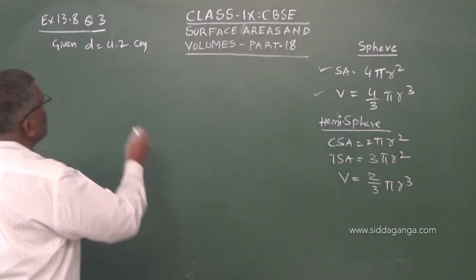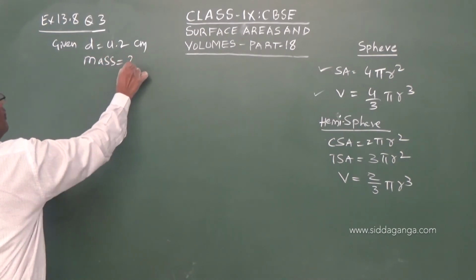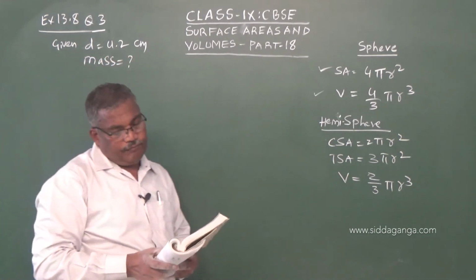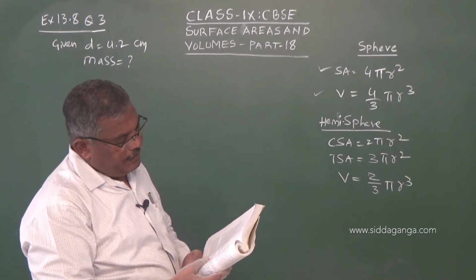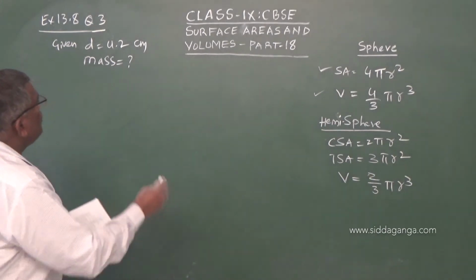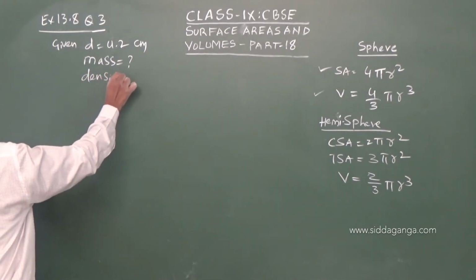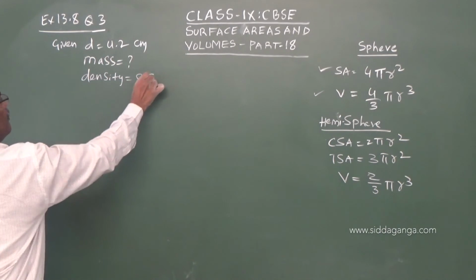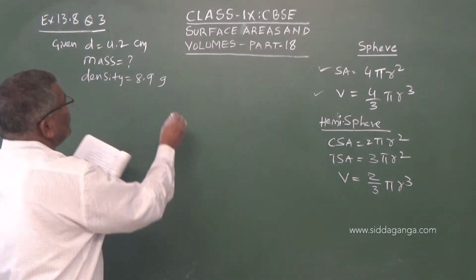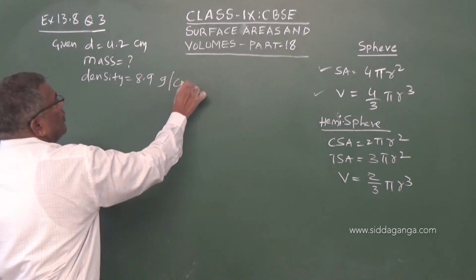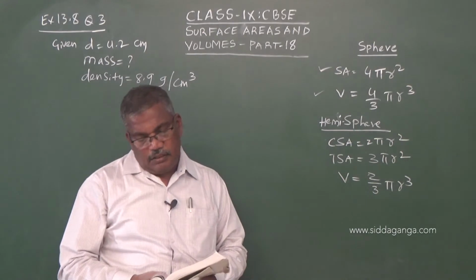Mass is asked. Mass equals what? If the density of the metal is 8.9 gram per centimeter cube. So density is given, diameter is given.